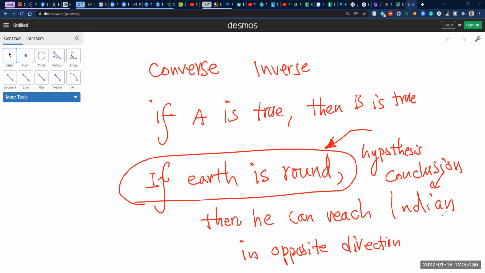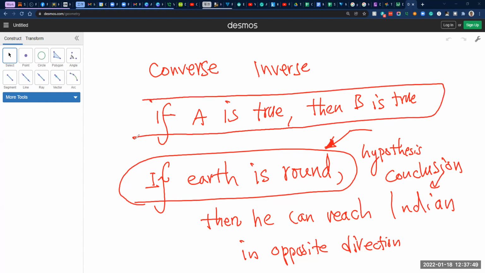We have this if-then structure: if A is true, then B is true. The reason B is true is because A is true. We are not saying that A is true; we're just saying that if A is true, then B has to be true.